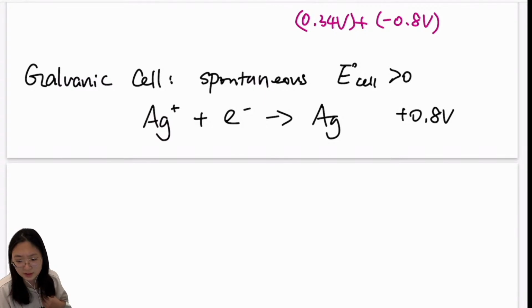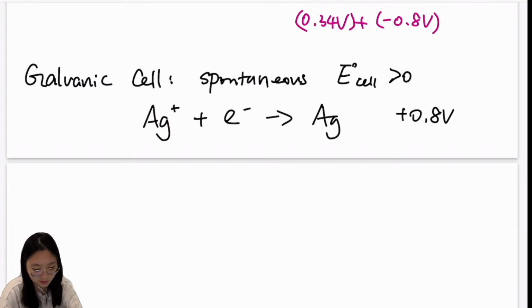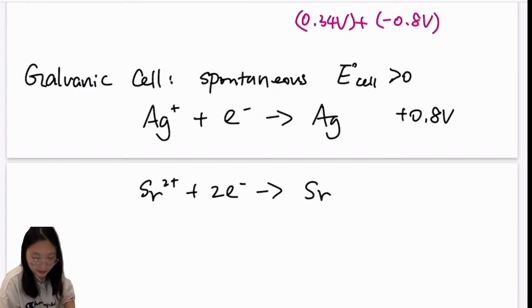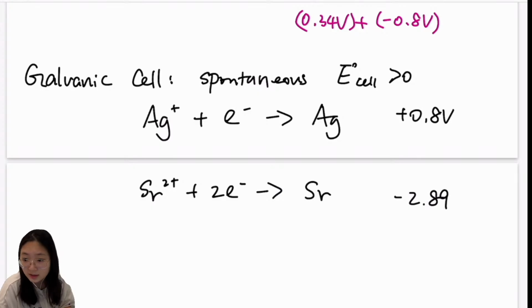And then for the cerium, I don't know what the reduction potential is. Oh, for cerium 2+, when it captures 2 electrons, it becomes a cerium atom, and the reduction potential is negative 2.89 voltage.